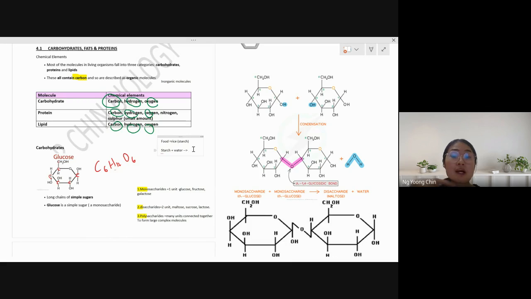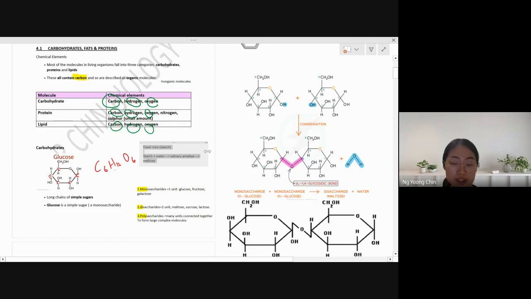So in our mouth, we have saliva. The saliva contains salivary amylase. This salivary amylase will help to break down the starch to become maltose.